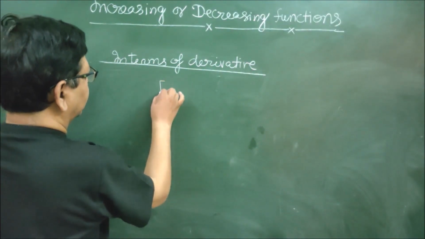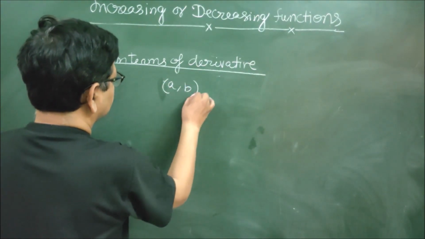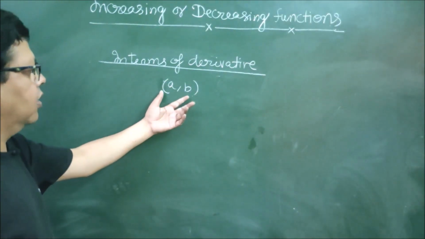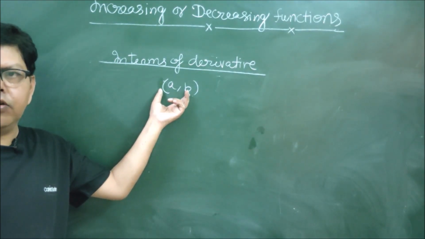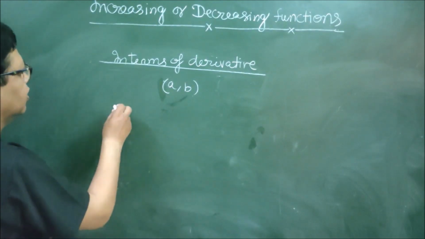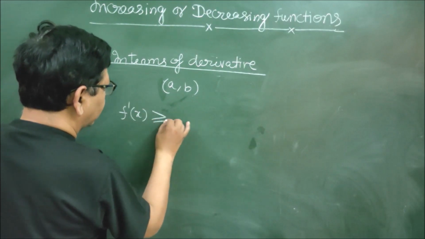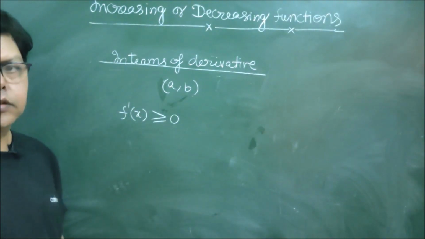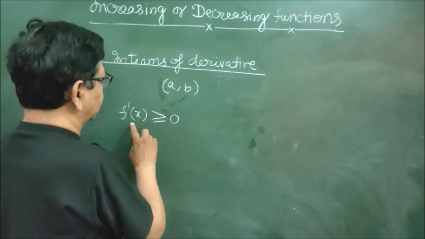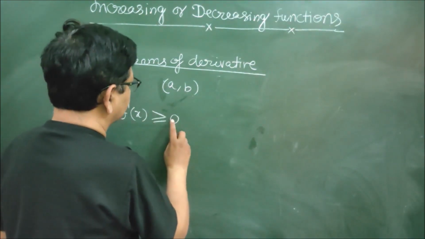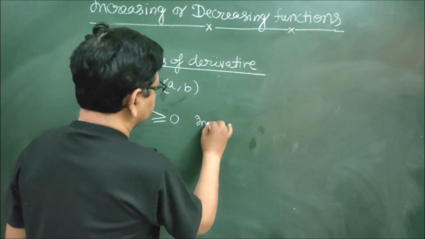If in an interval a b, which is part of the domain of the function, the derivative of the function is greater than or equal to 0, then the function is said to be an increasing function.